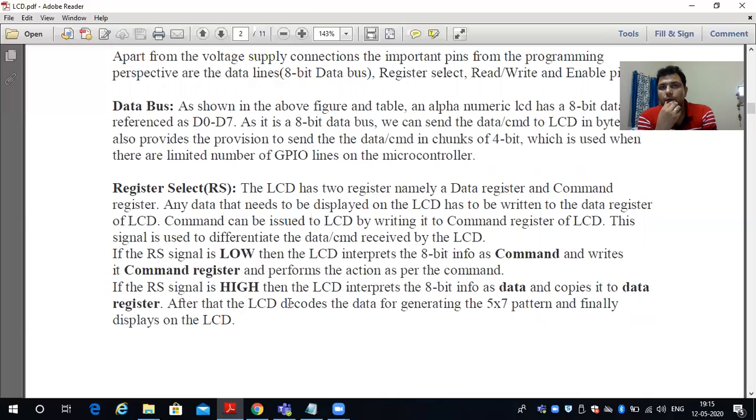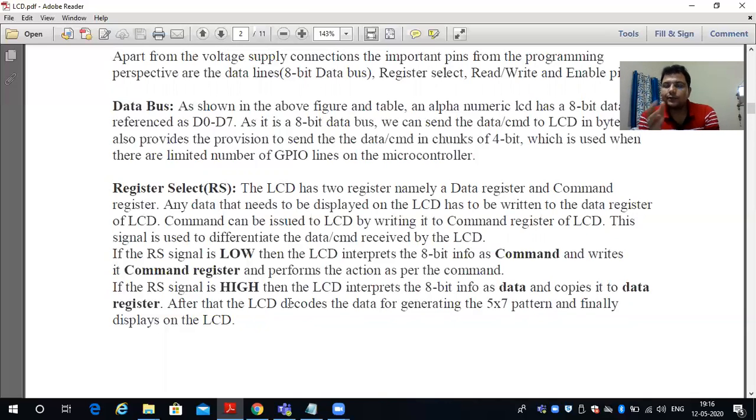Like the command could be that we want to position our cursor to a specific line and specific character position. That is one command. We want to clear everything. That is another sort of command. So these are all the commands. There are several other variants of the command, which we will discuss later on.